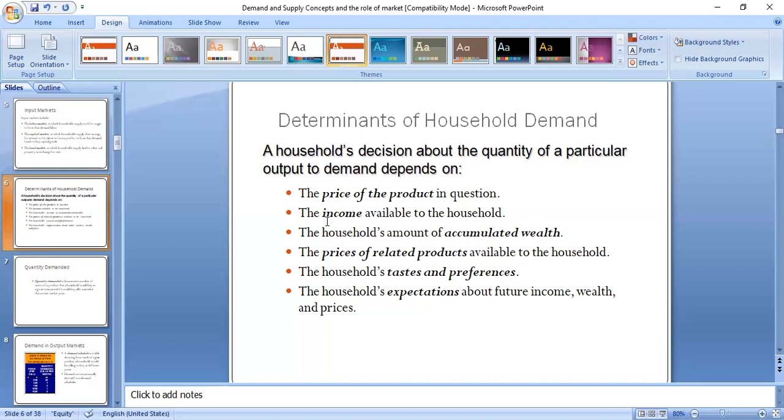Then another factor that affects the demand of goods and services is the prices of related products available to the households. Here, with related products, we are looking at substitutes and complements, right? So if a particular good has other substitute goods, then by the substitution effect, when the price of this good increases, the price of the substitute good not changing.